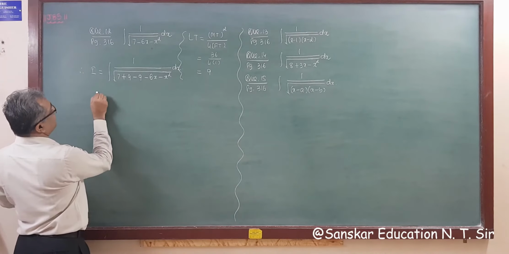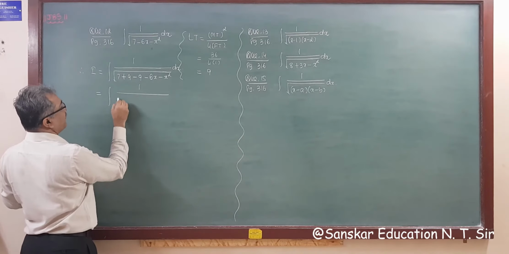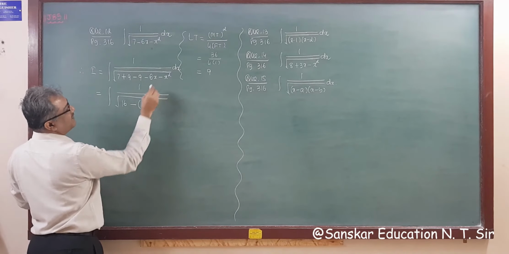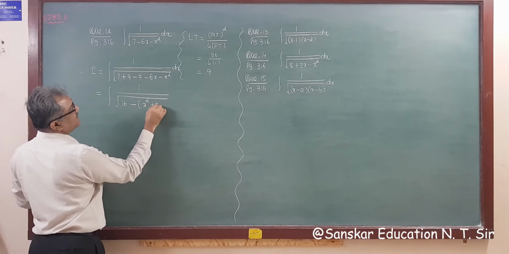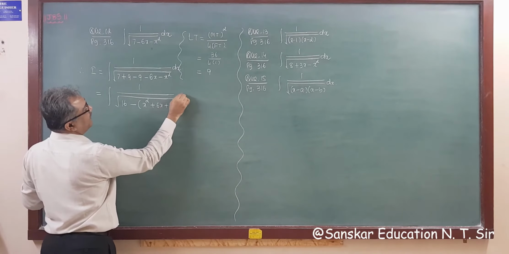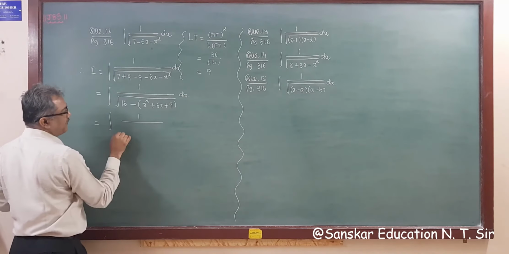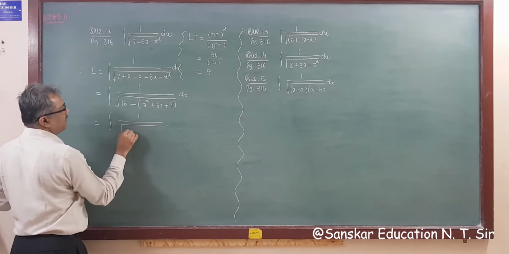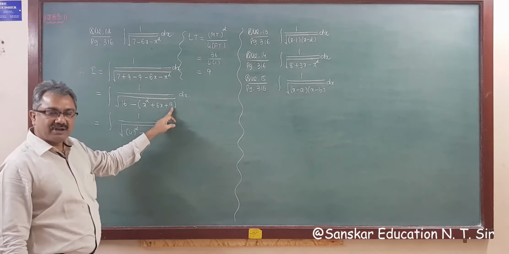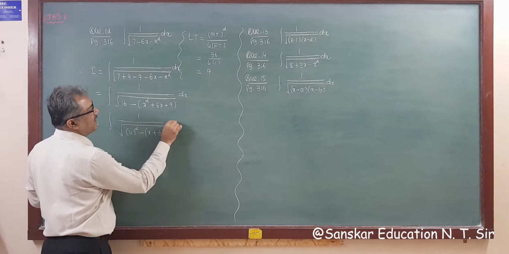Now 9 plus 7 is 16, so 16 minus, taking minus common, this becomes x square plus 6x plus 9 dx. So this is integration 1 upon square root of 4 square minus x plus 3 whole square dx.